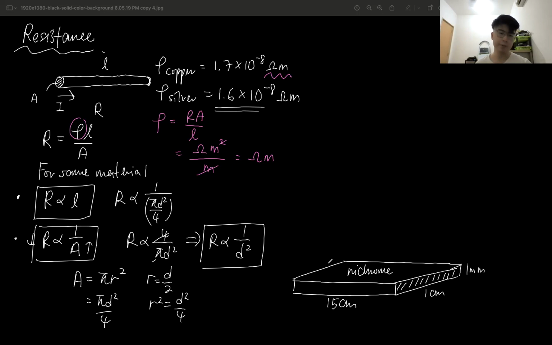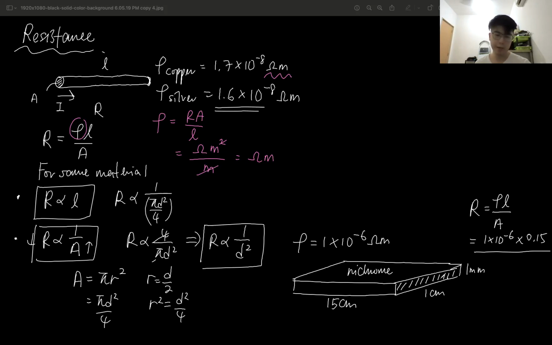Now calculate the resistance of this component. Again, we can use R equals rho L over A, given the resistivity of nichrome is 1 times 10 to the minus 6 ohm meter. So 1 times 10 to the minus 6 times 0.15 divided by the cross-sectional area.